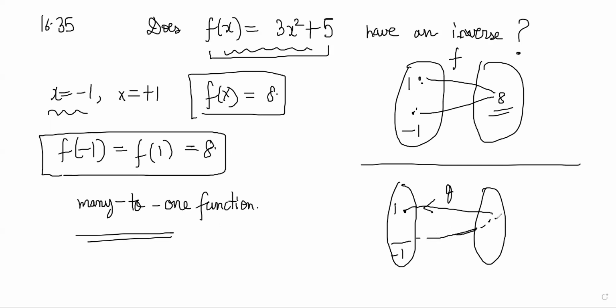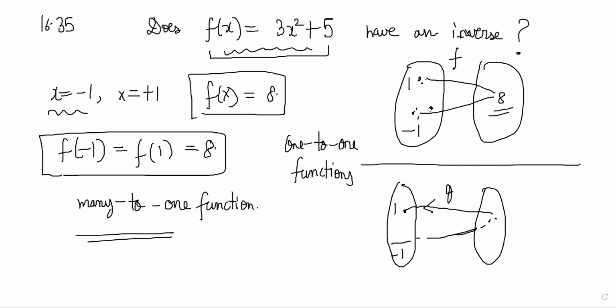You cannot have a single input giving two different outputs. Correct. Do you understand what I'm saying? Yeah, I understand. So the only type of functions which have an inverse are those where it is not many to one. It has to be one to one functions, right?